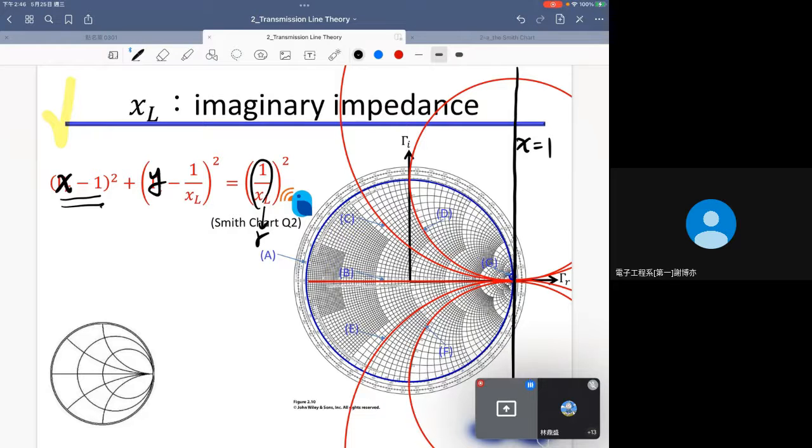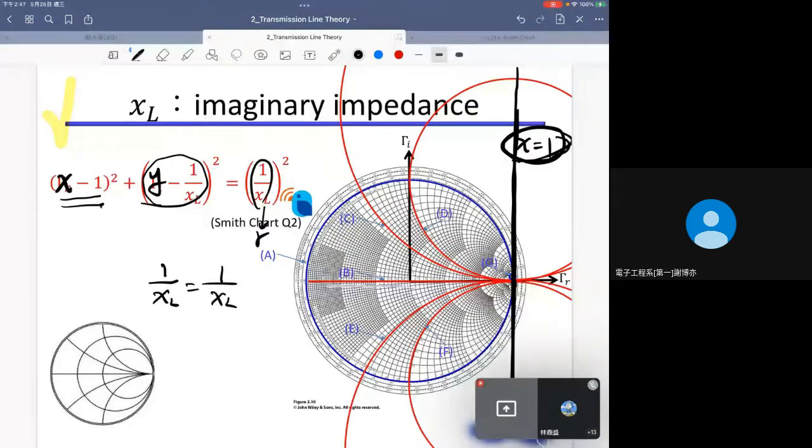All of the imaginary circles, the center of all of them is at x equal 1. What is its y? The center of y is always at 1 over xL, and the radius is also always 1 over xL.